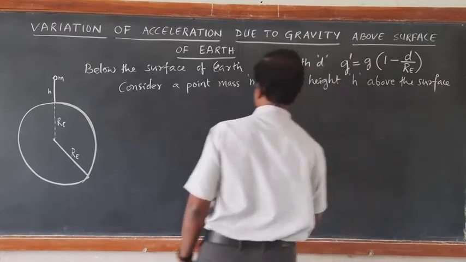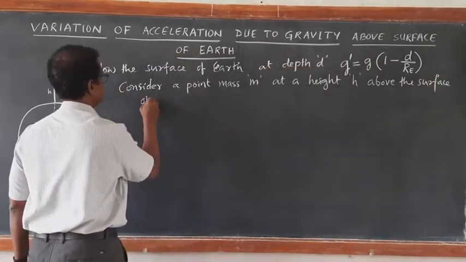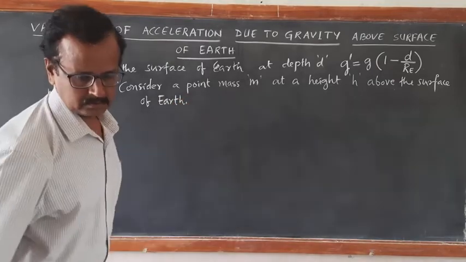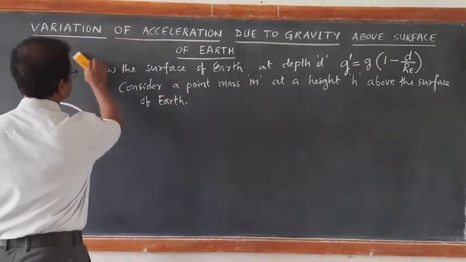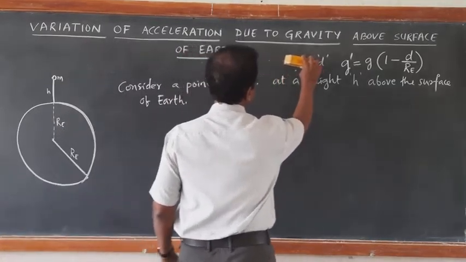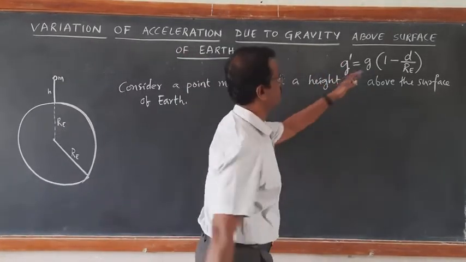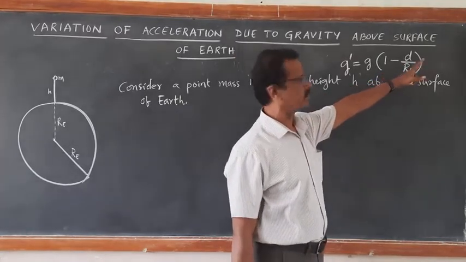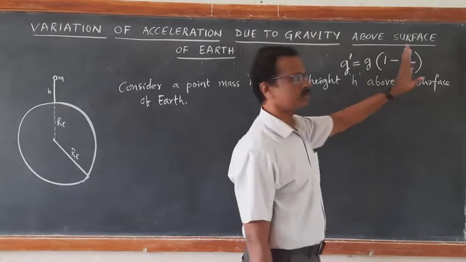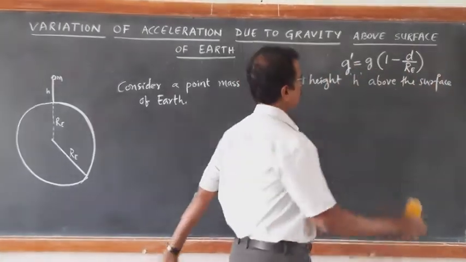Okay. Now from this equation it is quite clear that if you go to the center of the earth, depth d becomes radius of the earth, and thus acceleration due to gravity becomes zero. Okay.